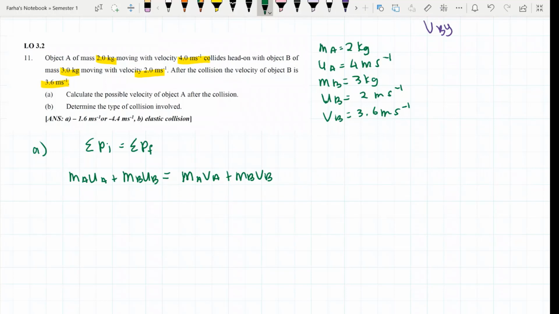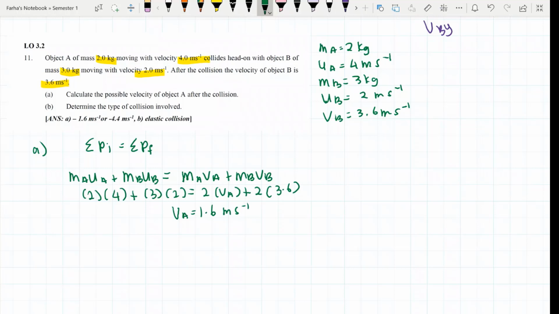MA is 2 kg, UA is 4, plus 3 times 2 equals to 2 times VA plus MB, which is 3, times 3.6. Since we look at the direction, there is no mention of rebound or opposite, so all the signs are positive. So we calculate and we will get VA equals to 1.6 meter per second.